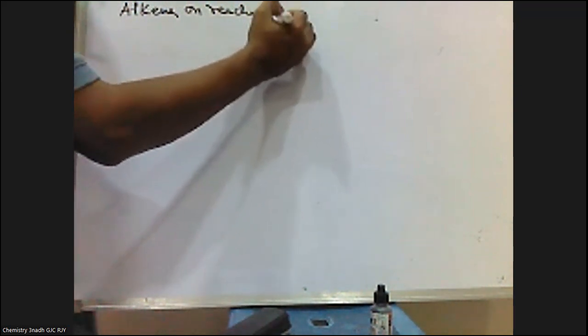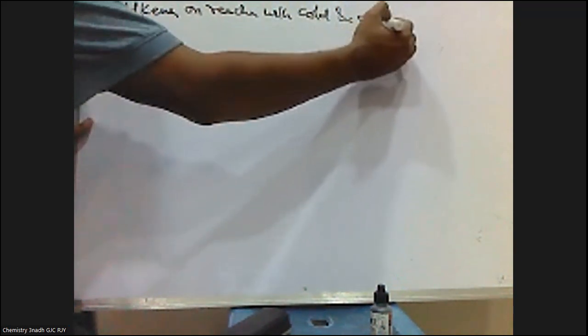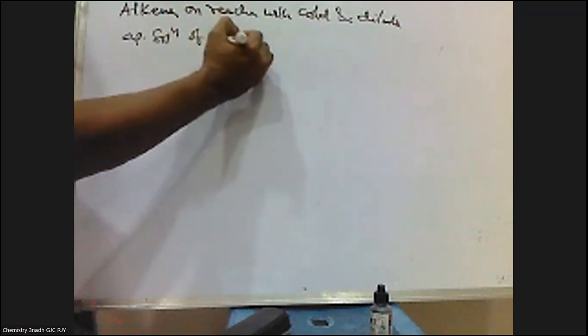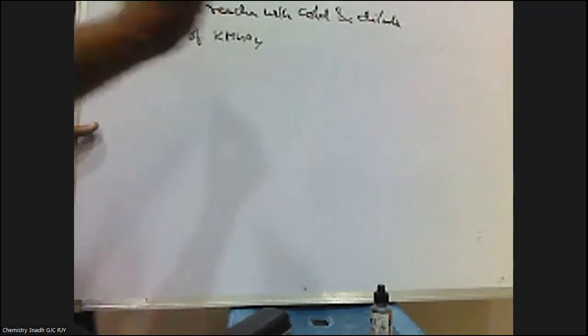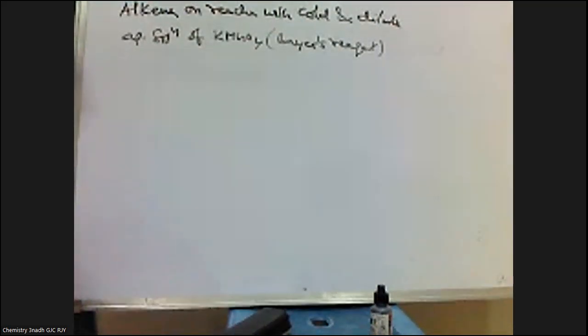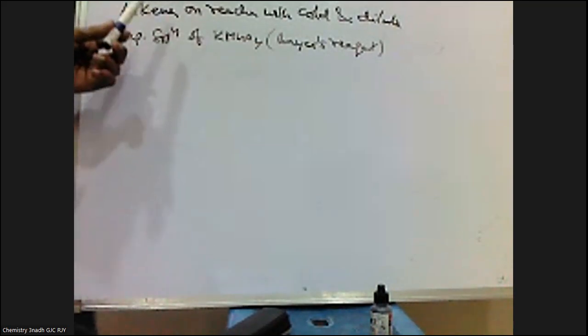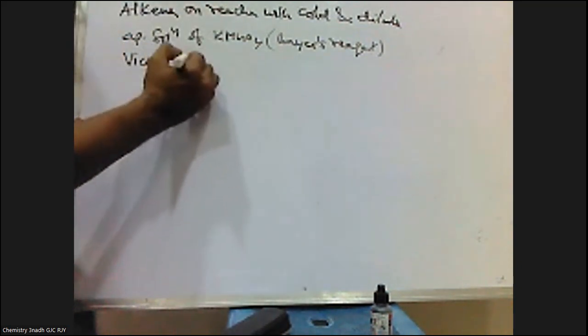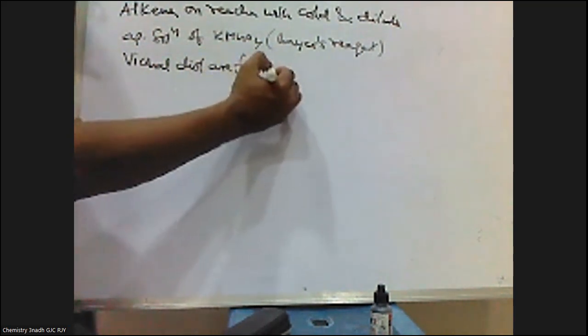Next one is oxidation. Oxidation reactions: when alkenes react with cold, dilute, aqueous solution of potassium permanganate, which is also called Baeyer's reagent, vicinal diols are formed.